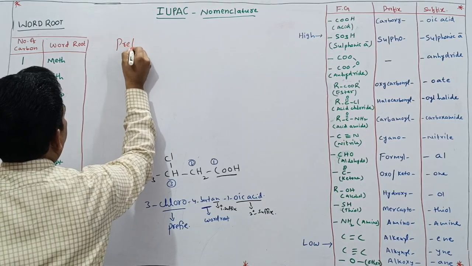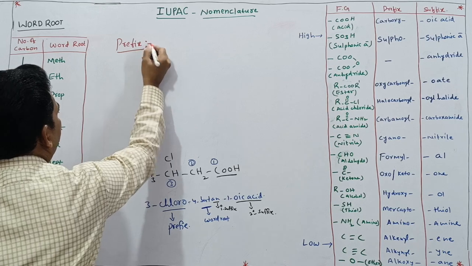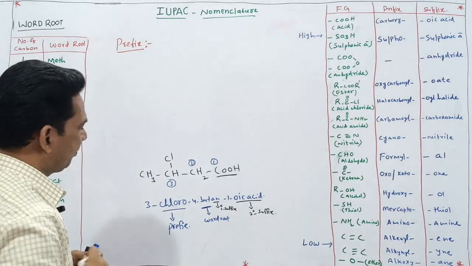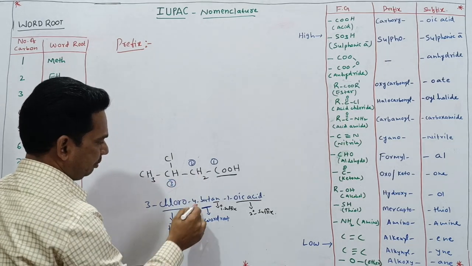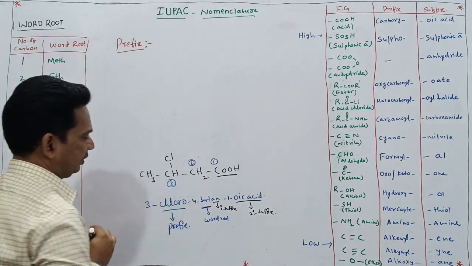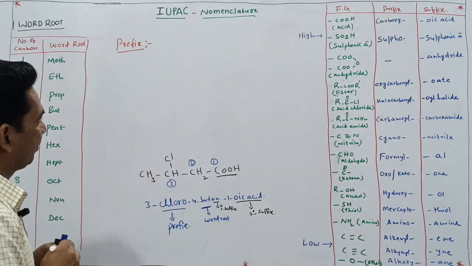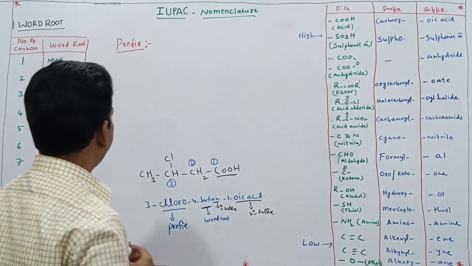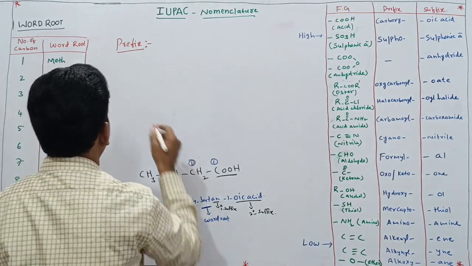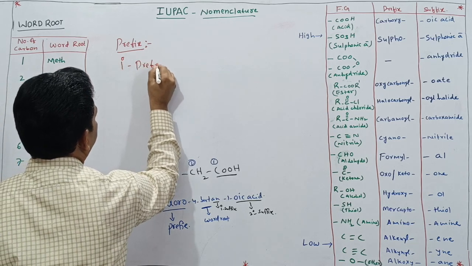First we will discuss the prefix. Prefix means, as I already told, what we fix before the word root. Before this word root we are fixing, that's called the prefix. Specifically, prefixes are of two types. One is called the primary prefix.